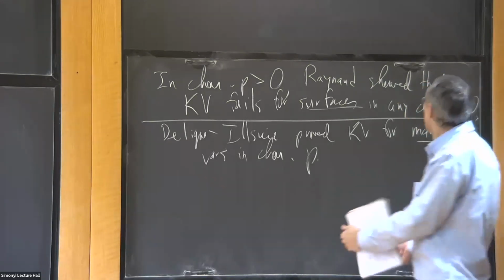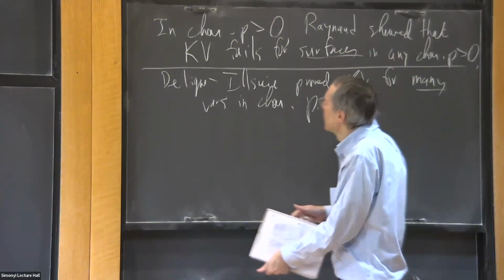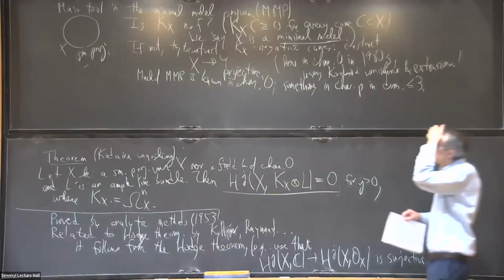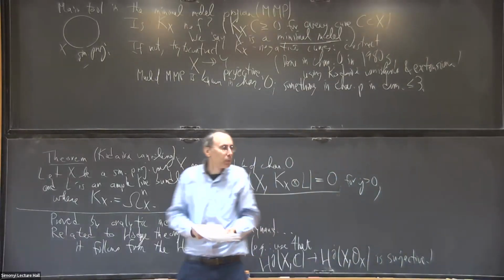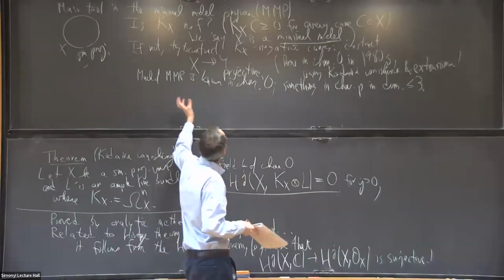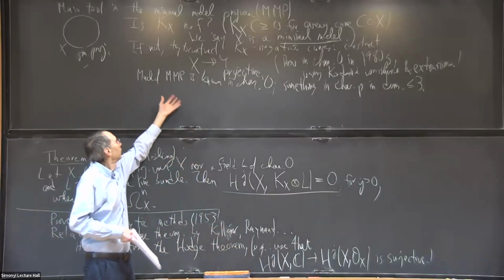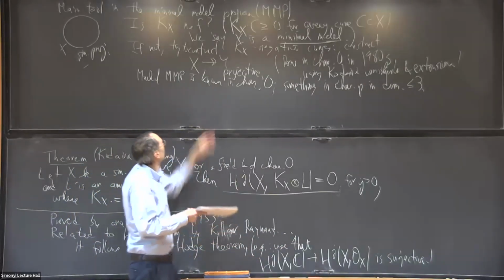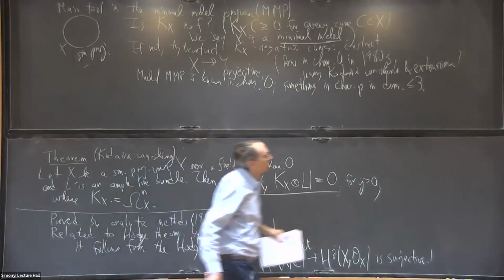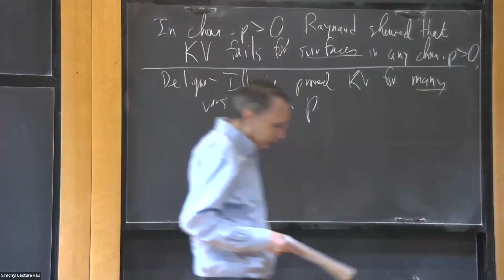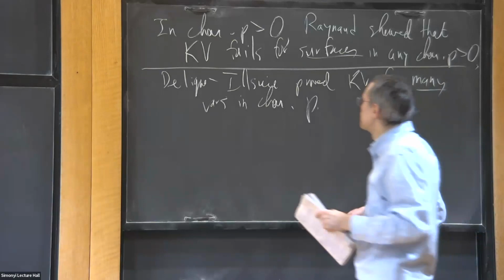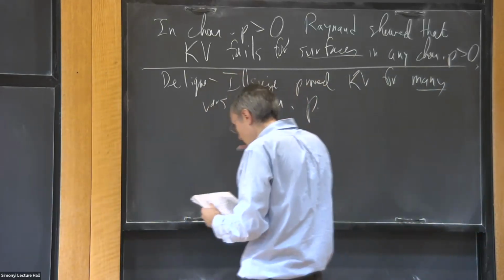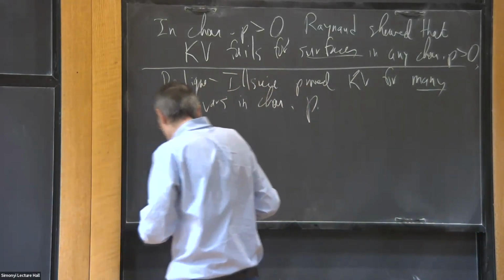But in running the minimal model program, you don't really have control over what happens if you start out with some variety and then start contracting curves. You don't know too much about this new variety, so it's hard to use these assumptions, as far as I know.